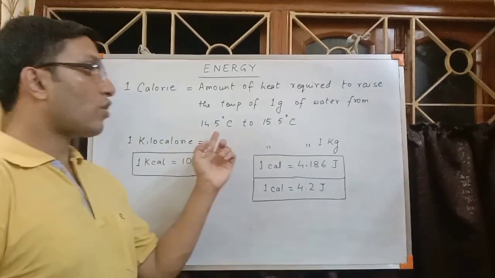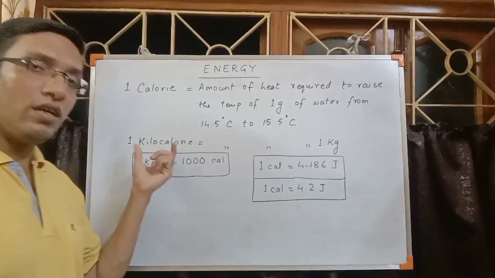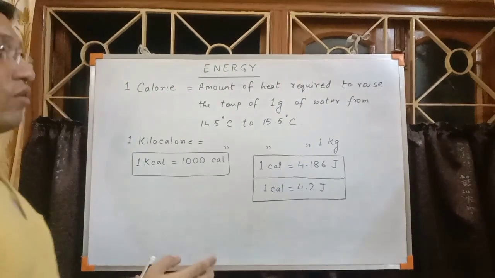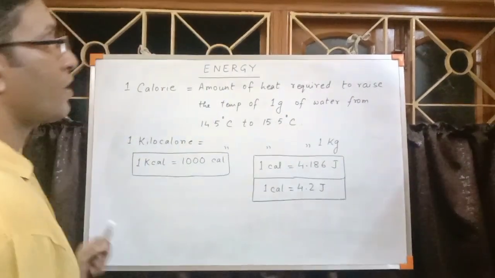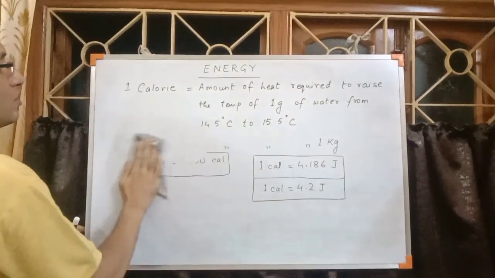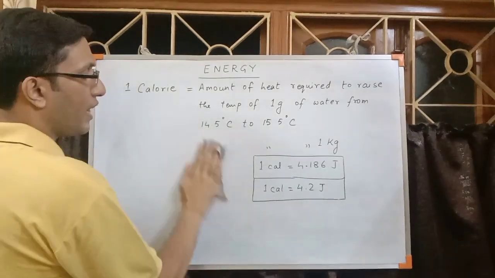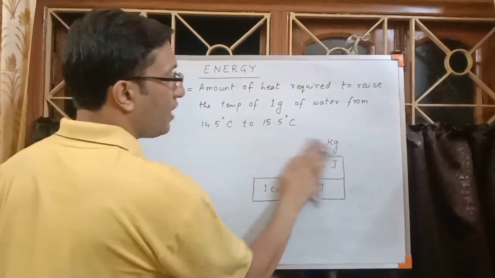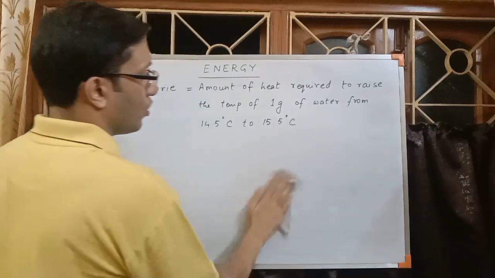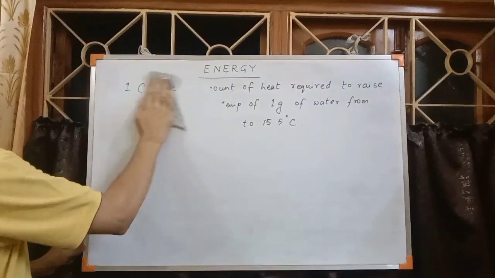Now, this is the common unit for heat energy, kilocalorie or calorie. Now, for subatomic particles, energy lost or gained is expressed in electron volt. Now let's see what is electron volt.